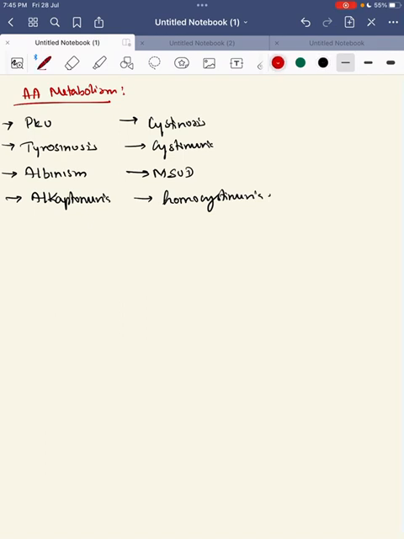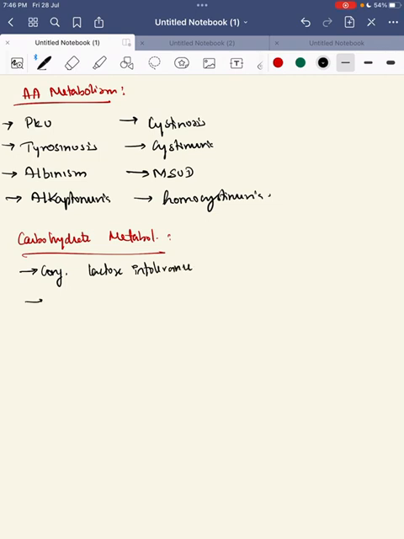Next, carbohydrate metabolism. We have congenital lactose intolerance, galactosemia, and glycogen storage disorders.